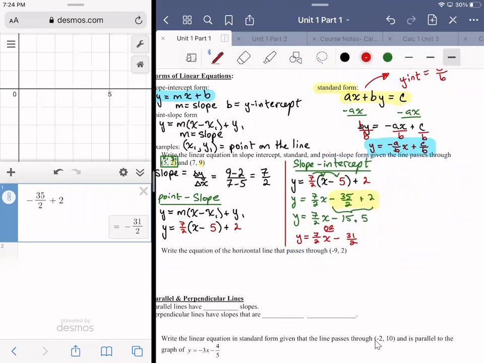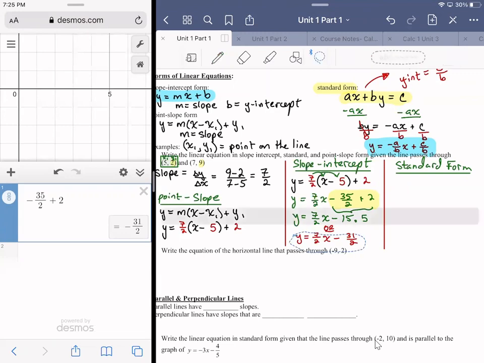So for the standard form, it has to be in the form of ax plus by equals c. All right. All that means is that x and y have to be on the same side of the equation. So for that, I would take my answer from slope-intercept form.